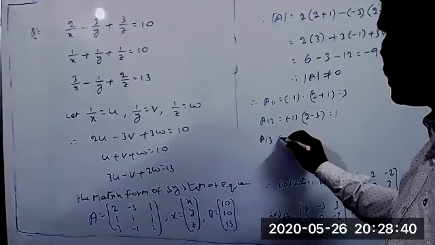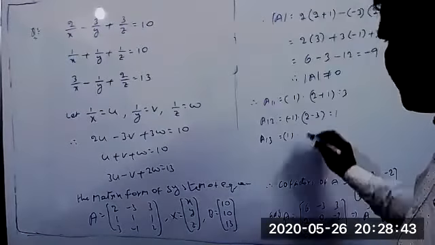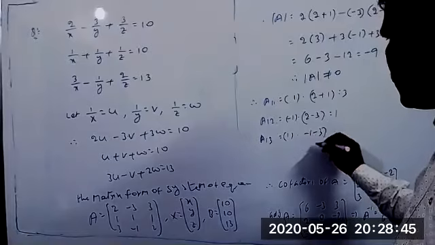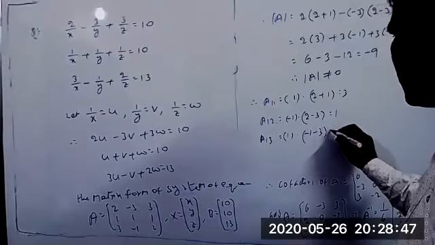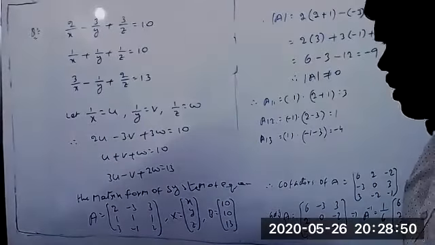And A13 equals plus 1 into (minus 1 minus 3), which equals minus 4.